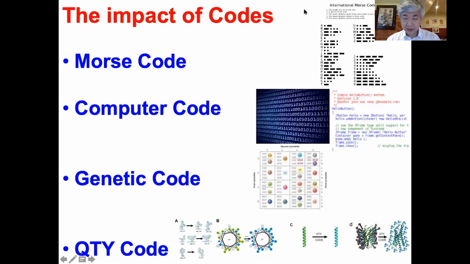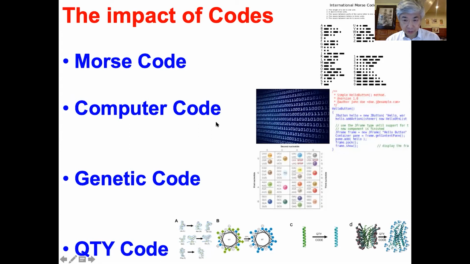This slide explains the importance of codes. It's well known that the Morse code generated billions of dollars in the last century, 100 years ago, through a very simple code, and effectively transformed human communication over long distances.